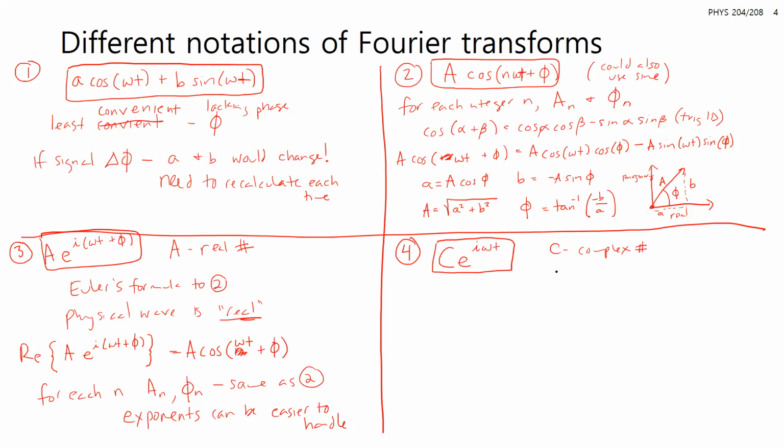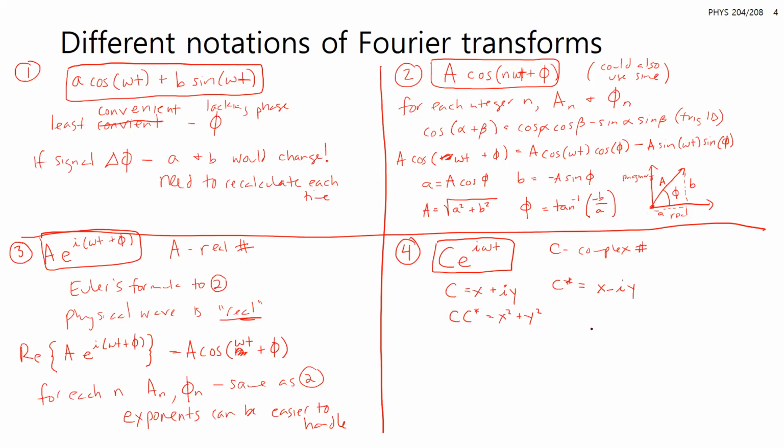The complex conjugate, indicated by the asterisk here, would change that imaginary component to a negative, where then C times its complex conjugate would be equal to x squared plus y squared here.